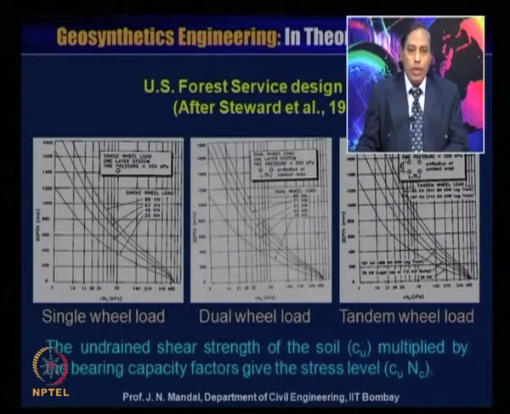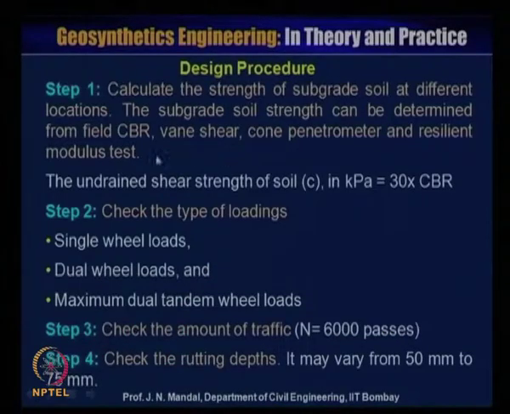So whenever you know Cu into Nc, then for a particular wheel load, whether 22, 45, 67 or 89, you can directly determine the thickness of the pavement, whether it is a single wheel load, dual wheel load or tandem wheel load. This way we will calculate the thickness of the pavement. I will give one example later on. So this is the procedure.